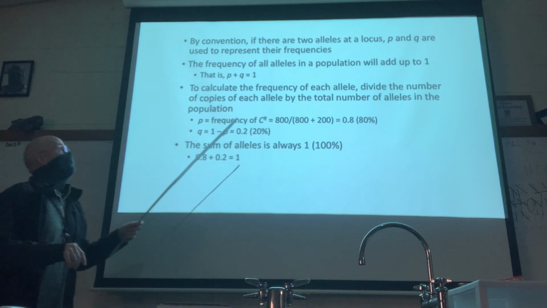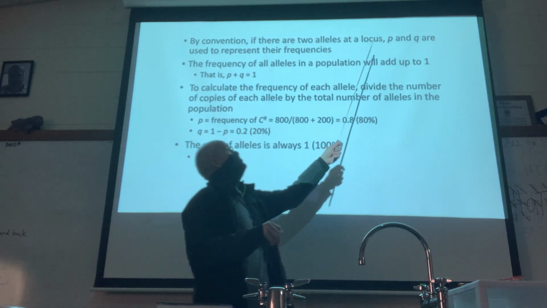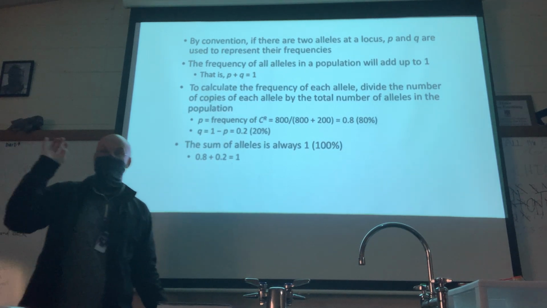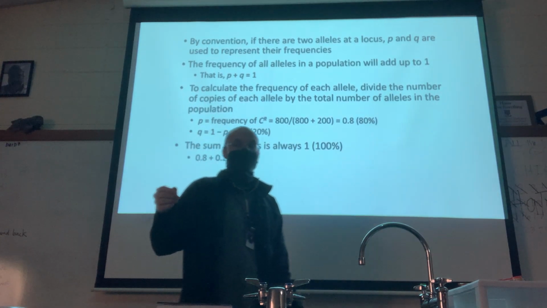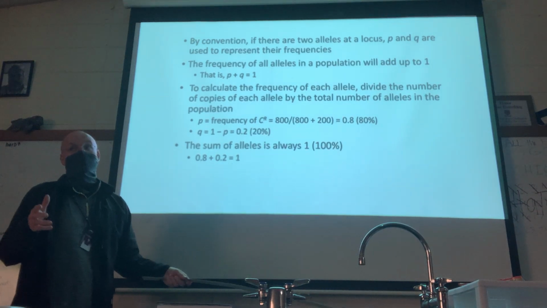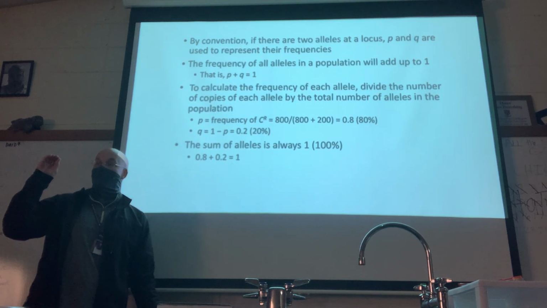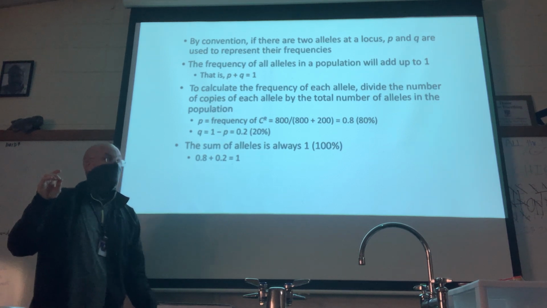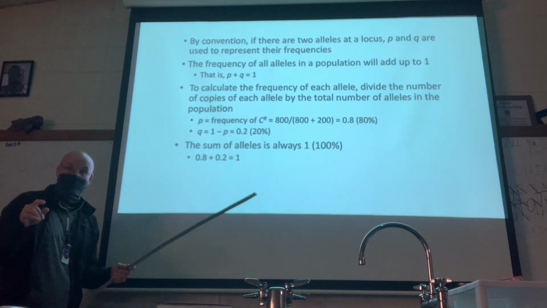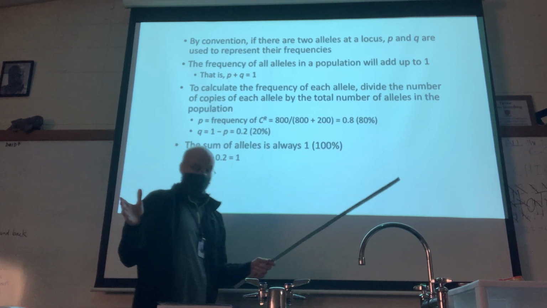Now, the variables P and Q are variables we're going to use in actual math problems. So make a note of these. P and Q are the variables for the dominant and the recessive alleles.